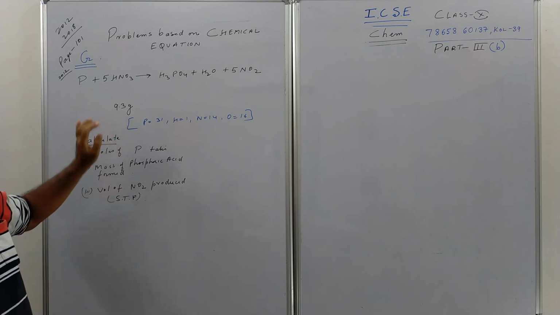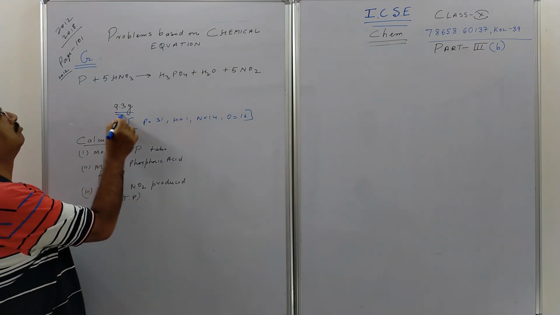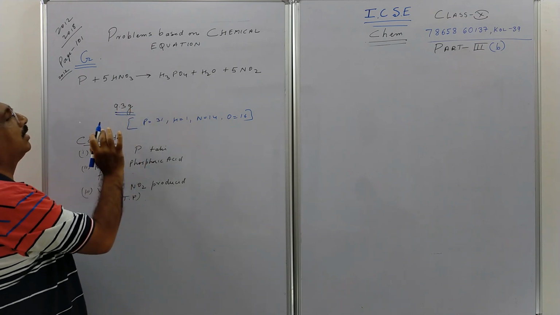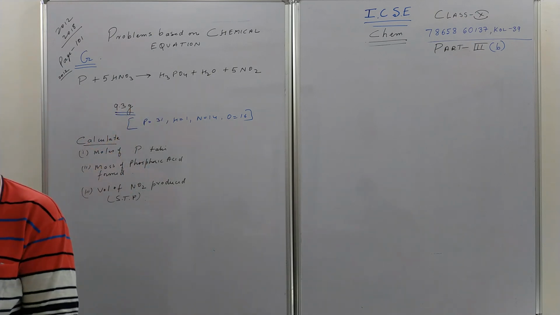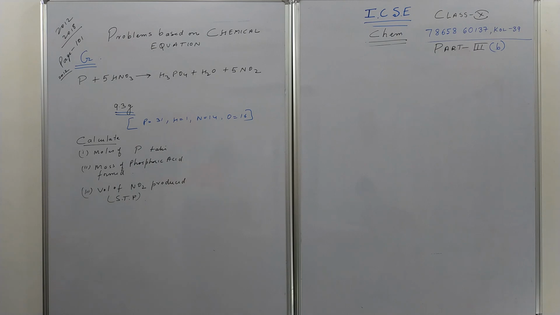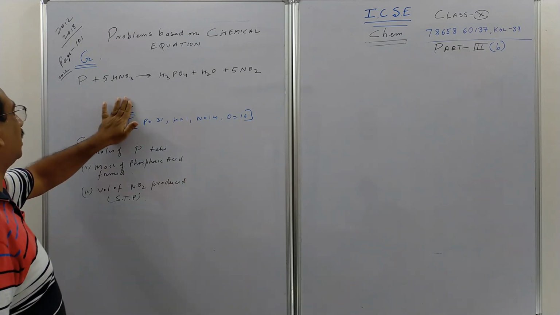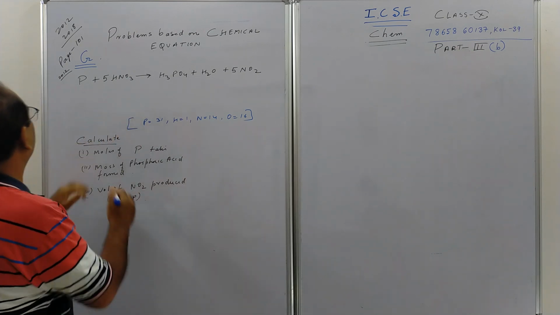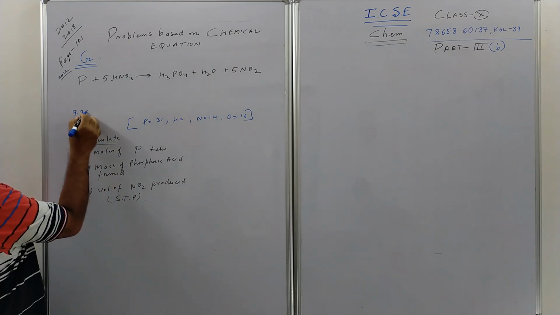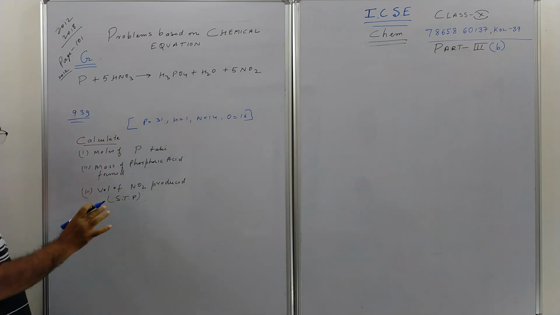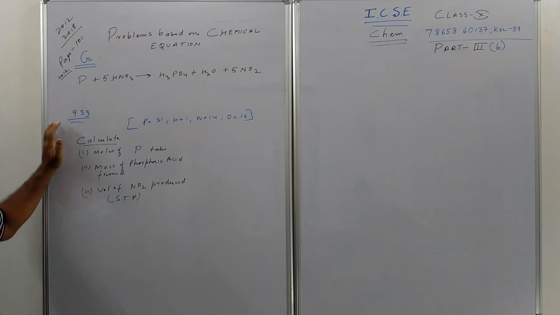So the question is, if I take 9.3 gram, I think 9.3 gram of phosphorus, not nitric acid, children. So these questions are based on 9.3 gram of phosphorus.